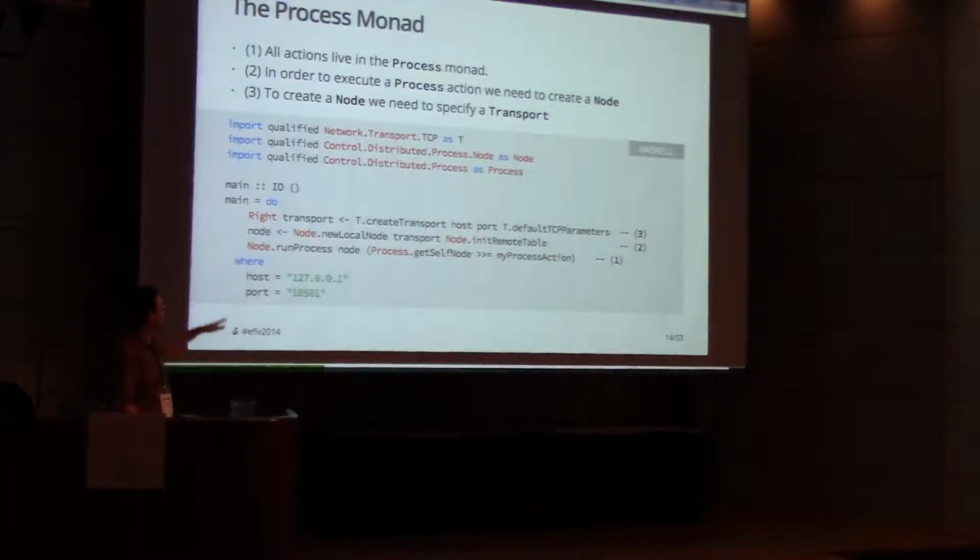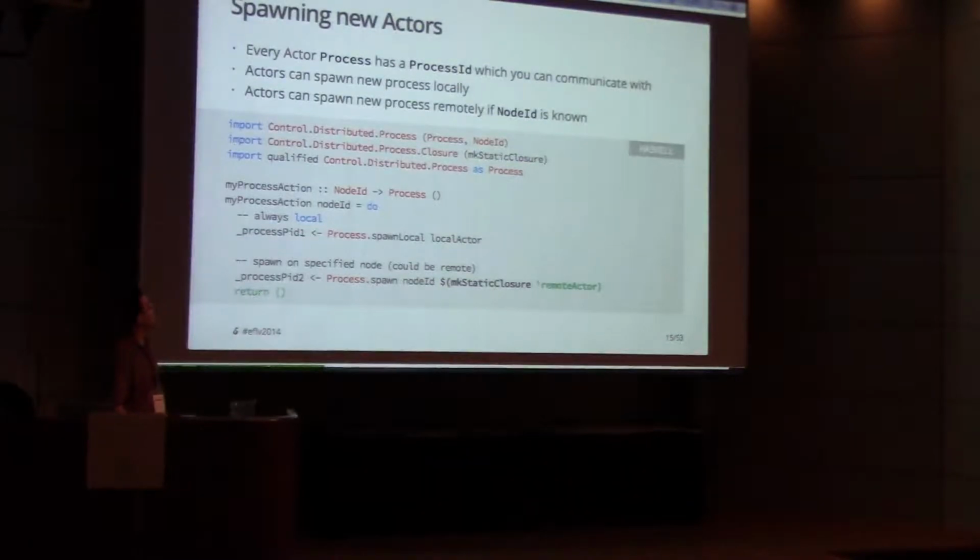So in this particular example, we are creating a transport, creating a node, and then running a process in that node. So spawning new actors. You have two ways to spawn actors. You can either spawn them in a way that you know they're going to be remote, like you know you're going to spawn on a different machine, or you can spawn on the local node.